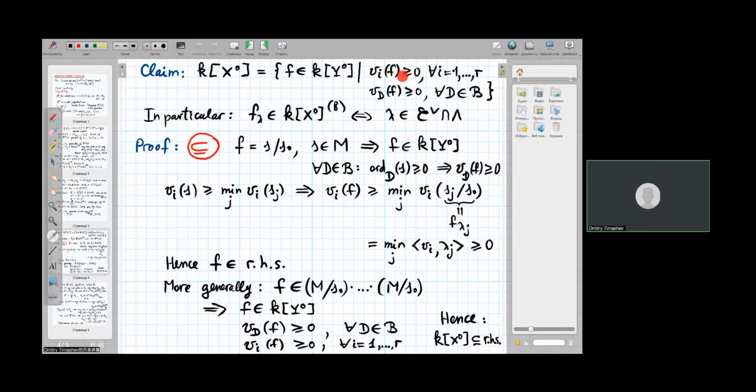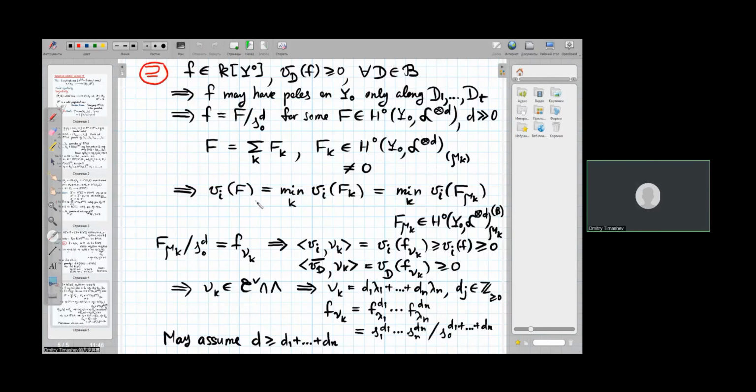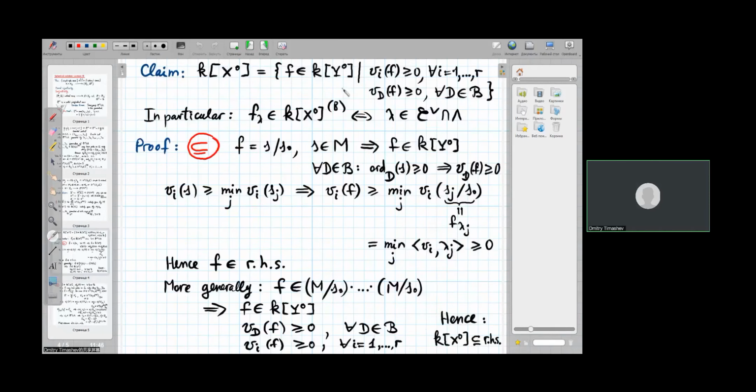Here we use this finiteness, because let me trace back the proof. So what we did here: we have chosen a function f in this set, which is regular on the open B orbit, and which satisfies these finitely many inequalities.